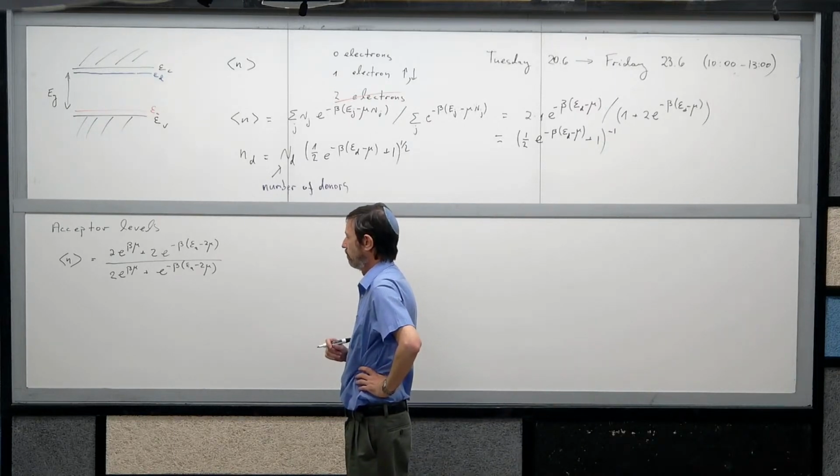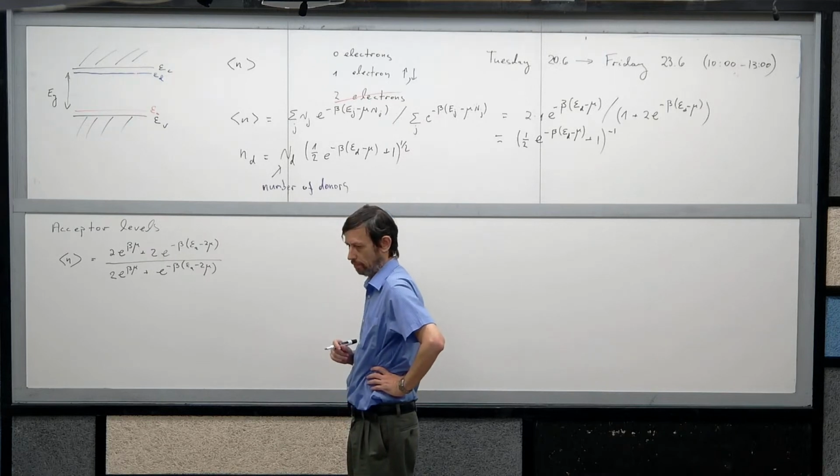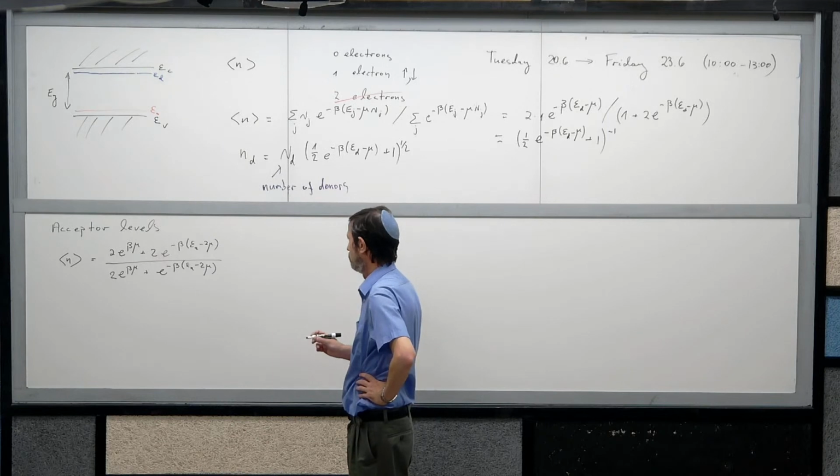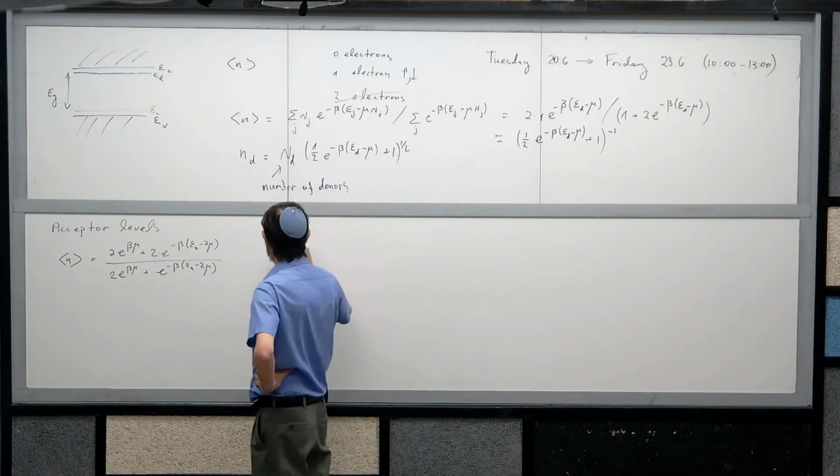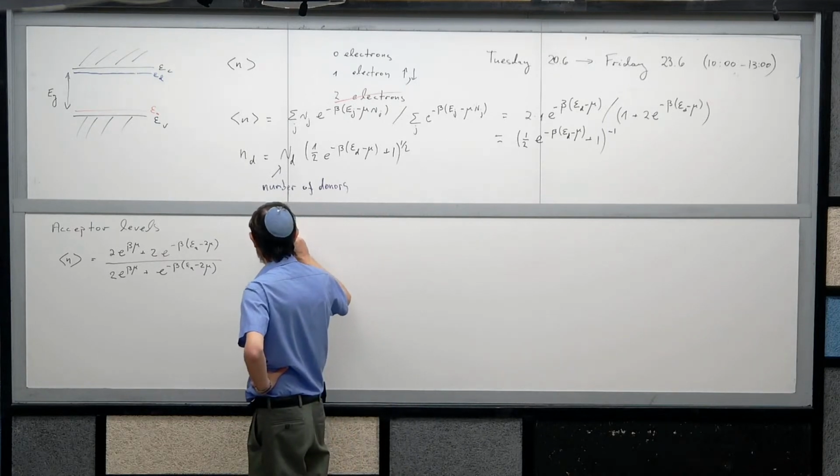Maybe one of them in 2 of them you have 2 particles. No, you have one of them in one particle, another one with 2 particles. I have 2 states with 1 particle.